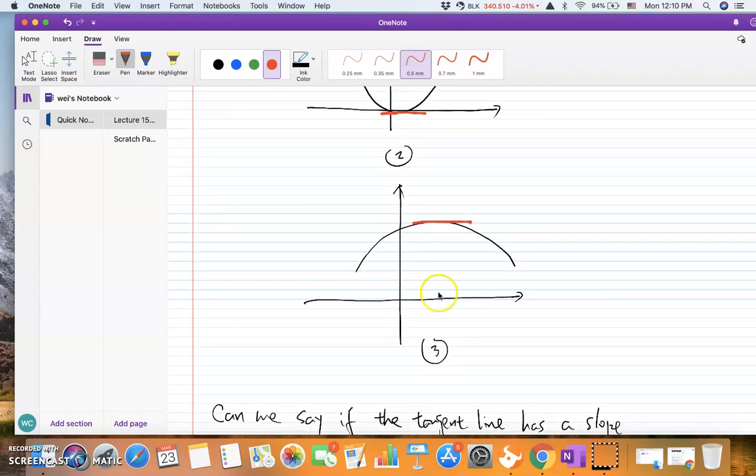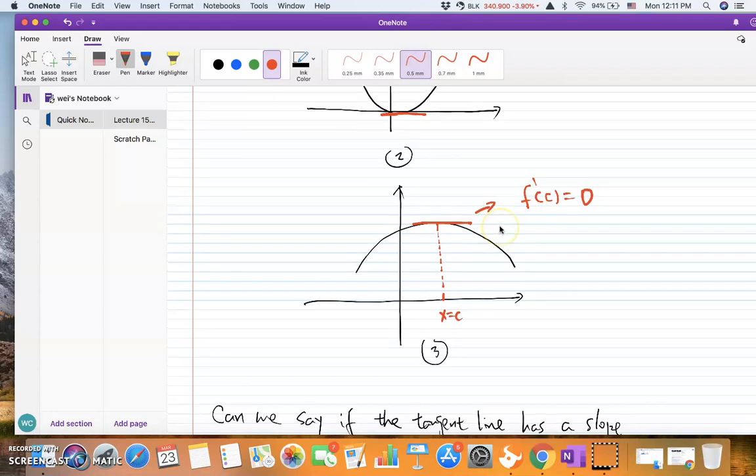So if we go back to here, at this point x equals c we have a maximum, and because the derivative exists, the derivative equals 0. So therefore, the tangent line is horizontal.